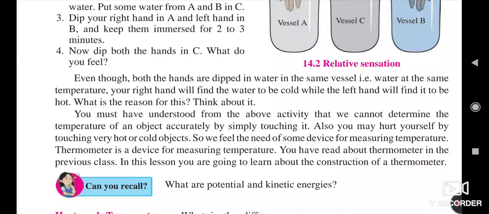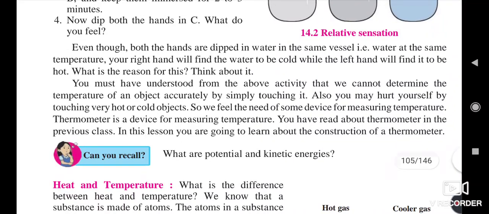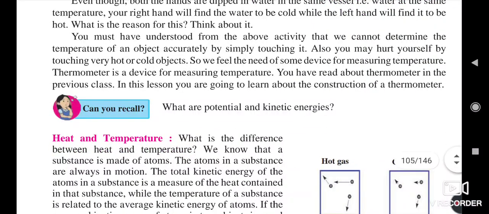So, we feel the need for some device for measuring temperature. A thermometer is the device for measuring temperature. We have read about the thermometer in the previous class, how it measures the temperature of the body and how to construct it.